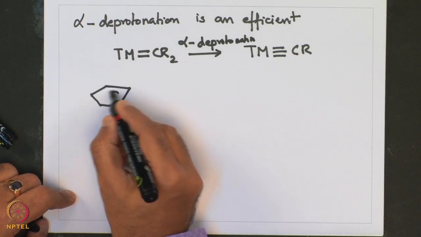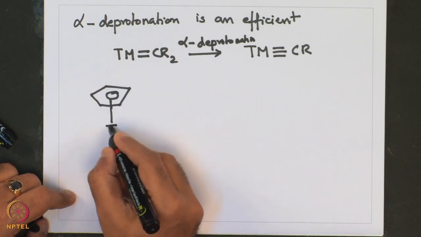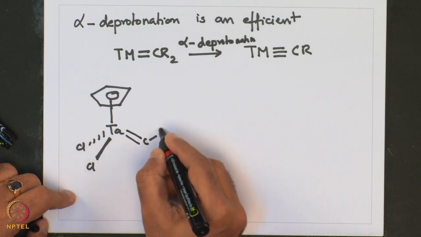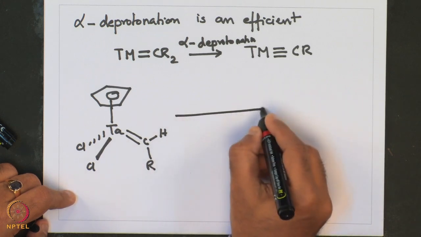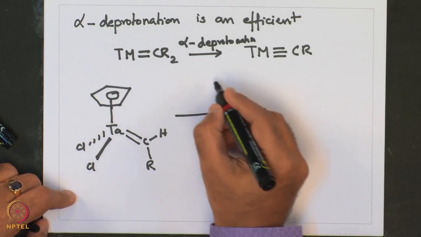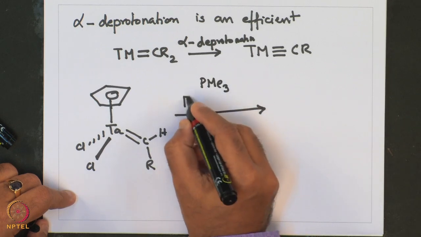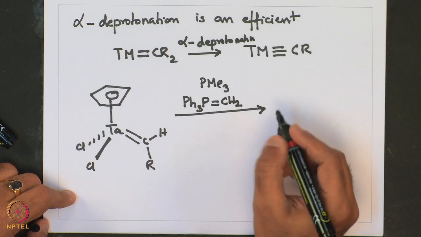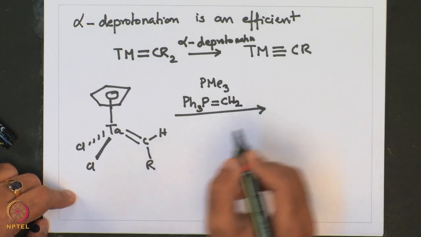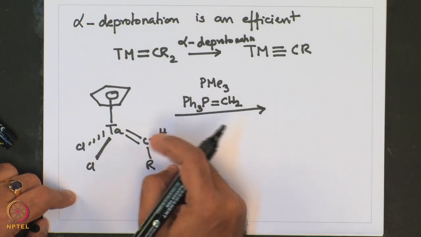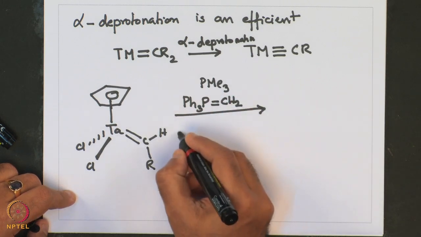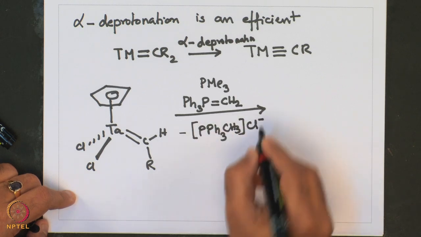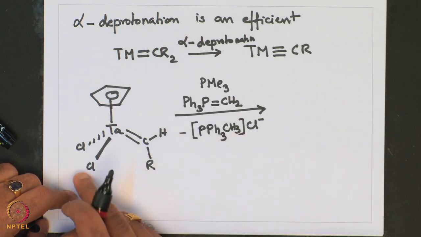So, here is this carbene complex of tantalum, which when reacts with PMe3 and Ph3P=CH2, what happens is that this proton gets deprotonated, and then it produces this Ph3PCH3 cation and a chloride anion, which is eliminated from here.